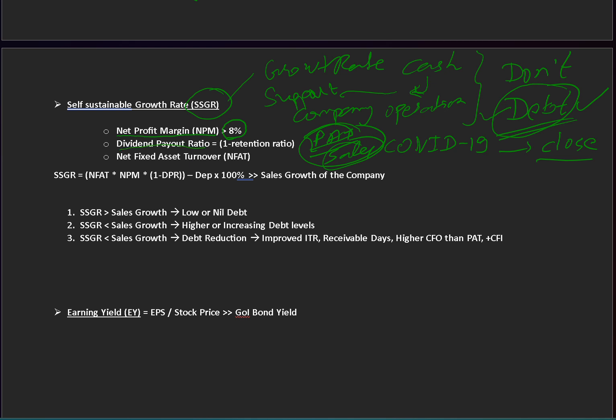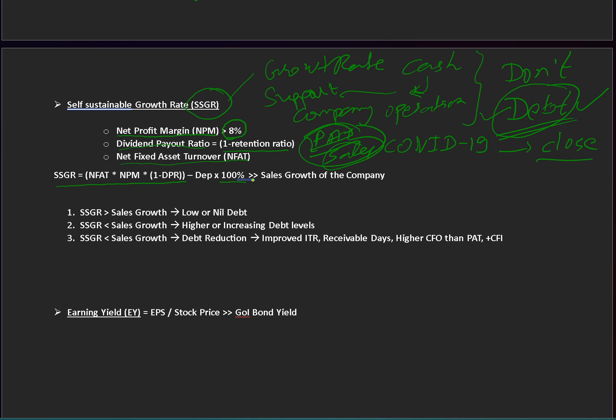This is nothing but 1 minus the retention ratio as we saw earlier, and net fixed asset turnover. If the fixed assets are getting turned over, what is the net of that? So the SSGR formula is, in the bracket, NFAT into NPM into 1 minus DPR, minus the depreciation. If you multiply it with 100, it comes into percentage terms.